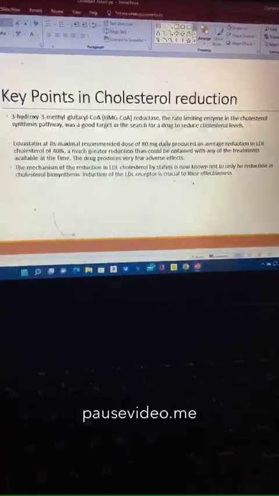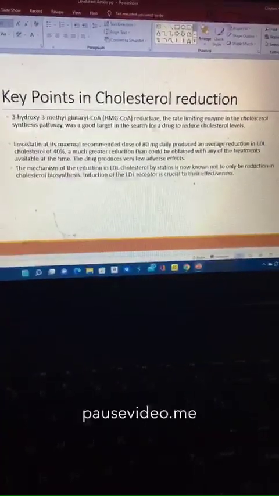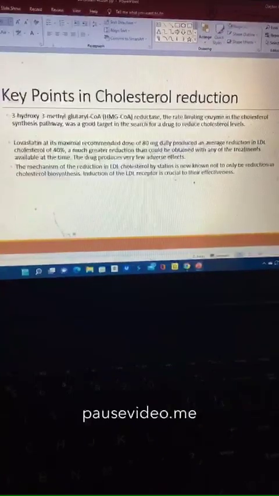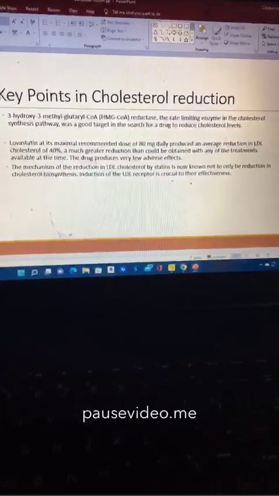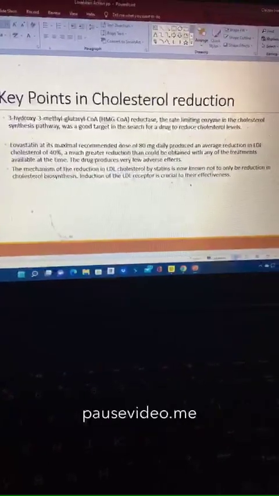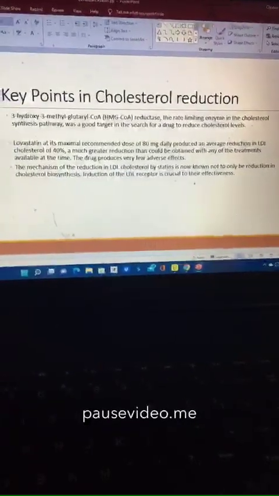So a lot of statins work by being an HMG-CoA reductase inhibitor, which acts to reduce the amount of cholesterol produced.